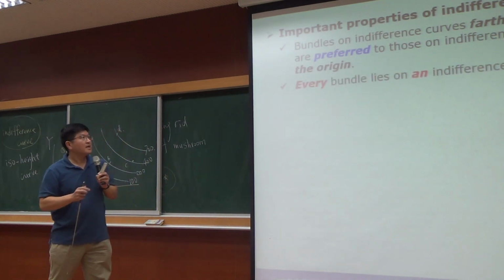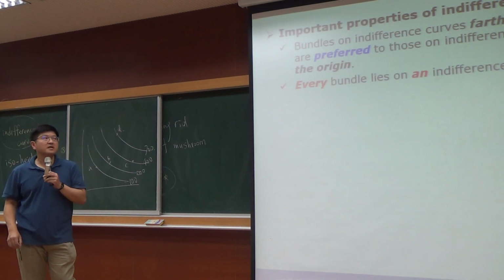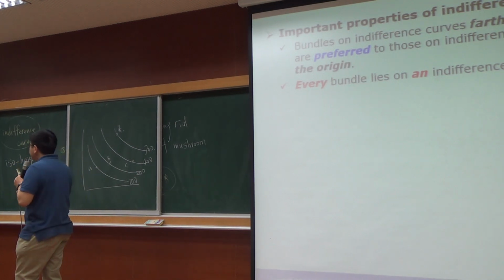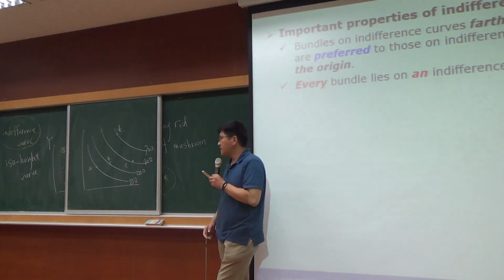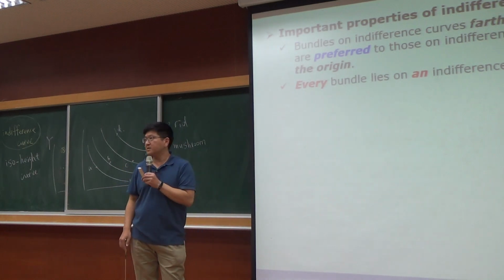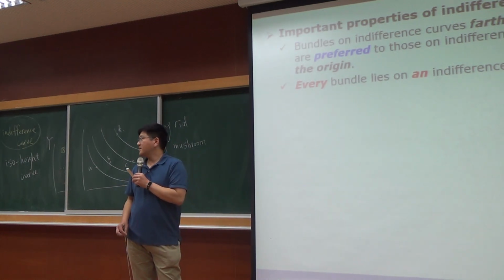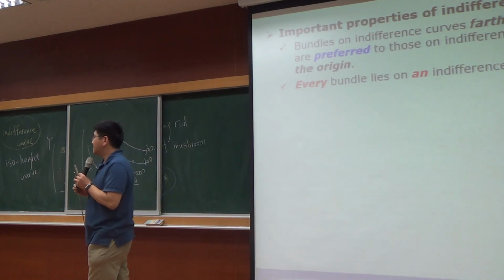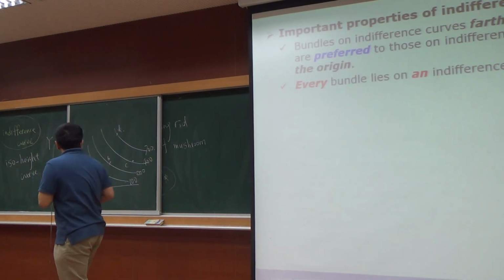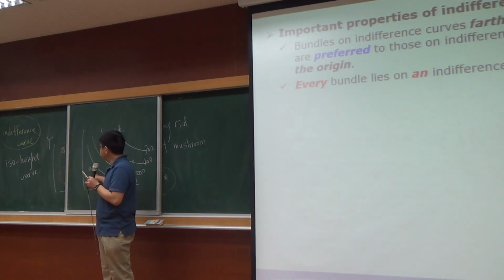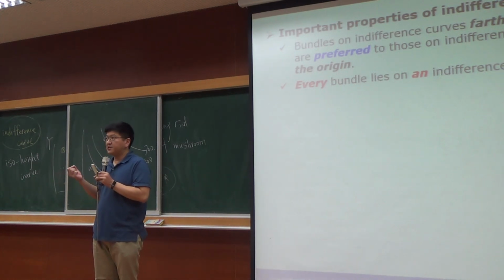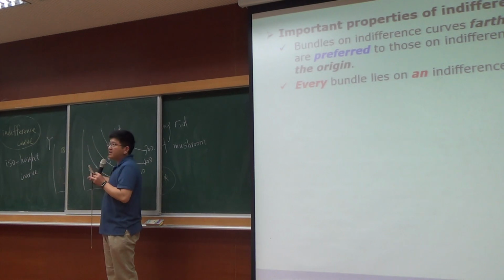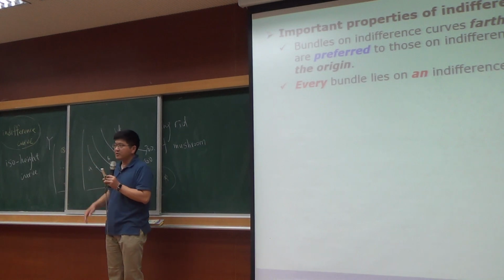And every bundle lies on an indifference curve. Why did I just use red and bold to mark this term? Because it seems that indifference curves will cross each other. So something like a bundle A just gives us a specific level of satisfaction or happiness, and it just cannot give me two levels of happiness.